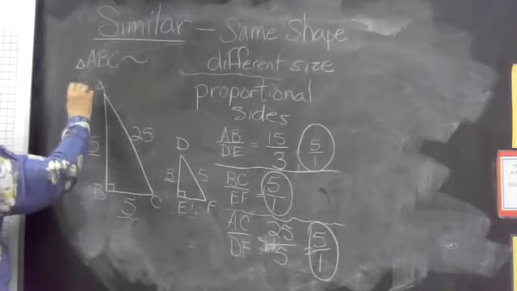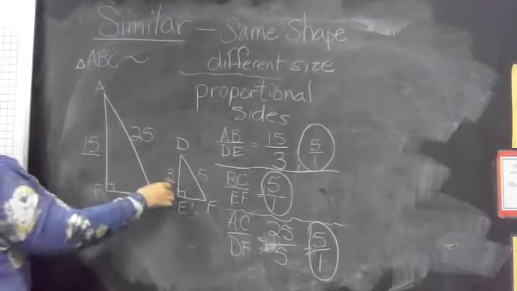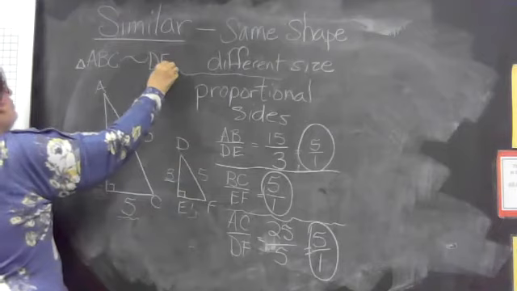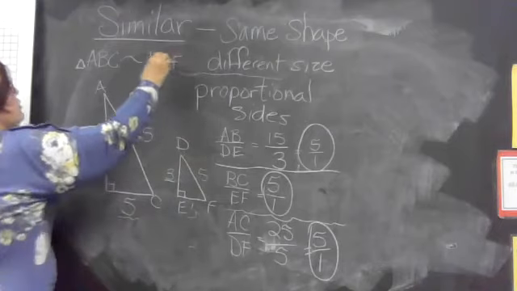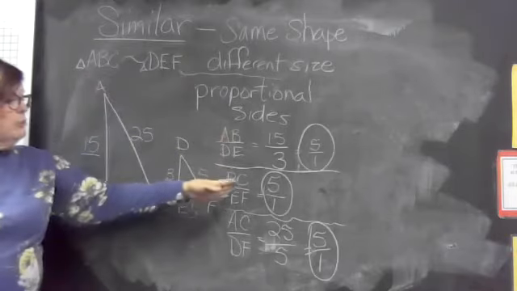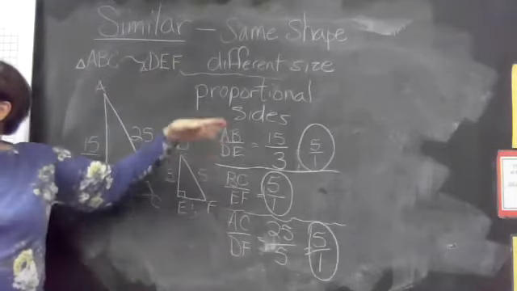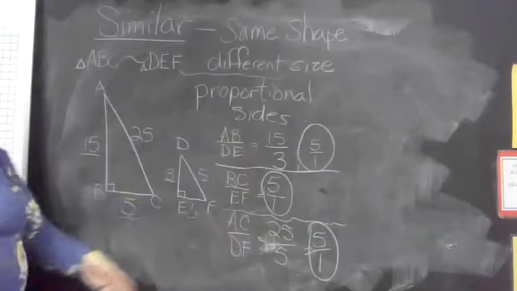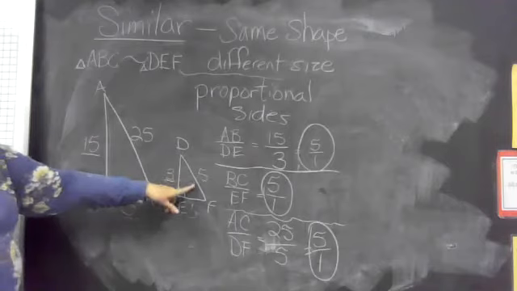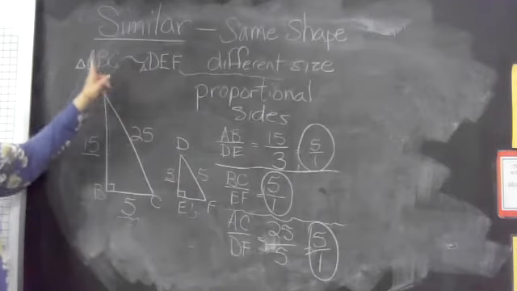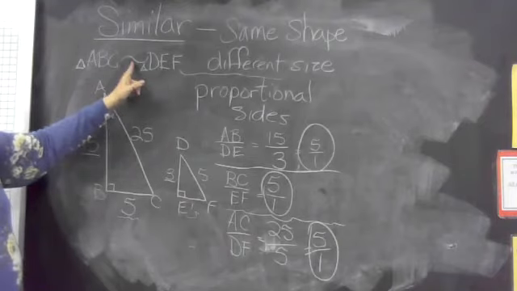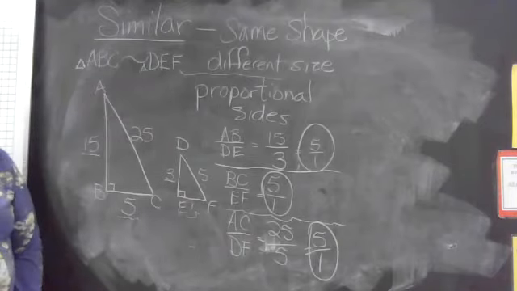So my sides have to match. AB matches DE. I have to put it in the same order, so I would write this. When I find out that the proportion between the corresponding sides is the same, then I indeed know that these are similar. This triangle name followed by the same pattern are similar to each other. Yeah?